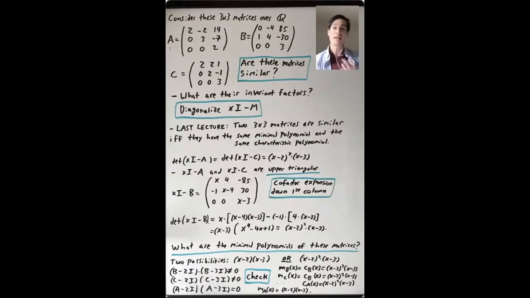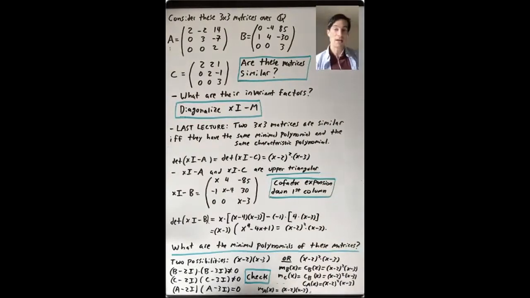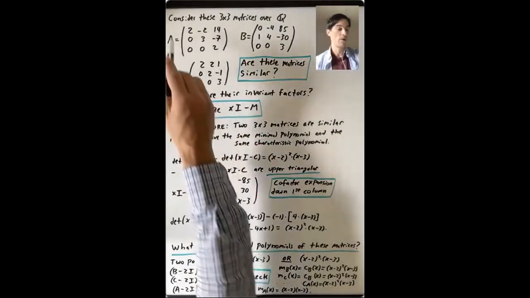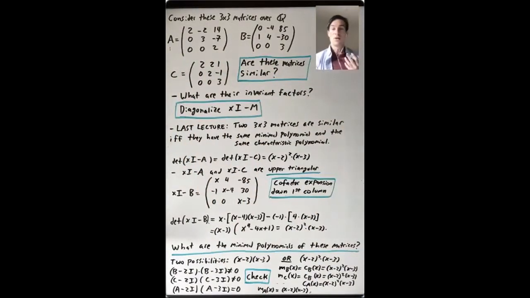And we saw at the end of the last lecture that one way to answer this question is to diagonalize the matrix xI minus M, where M is any one of these three matrices. So diagonalize meaning put it into its Smith normal form, where you have ones down the diagonal, and then you have the invariant factors in the lower right corner.